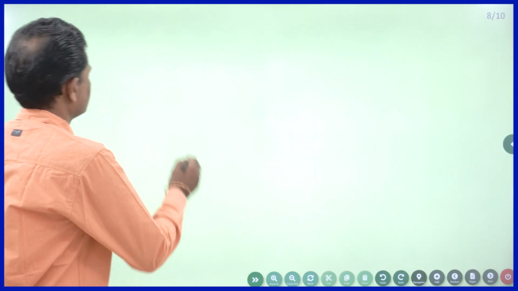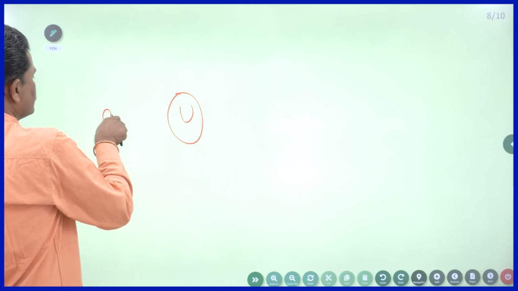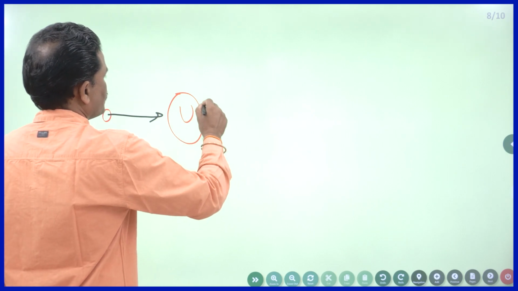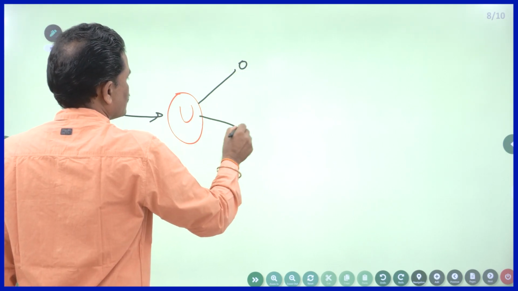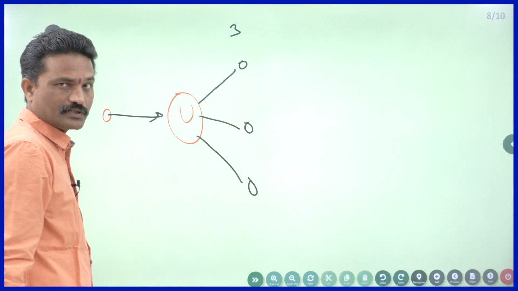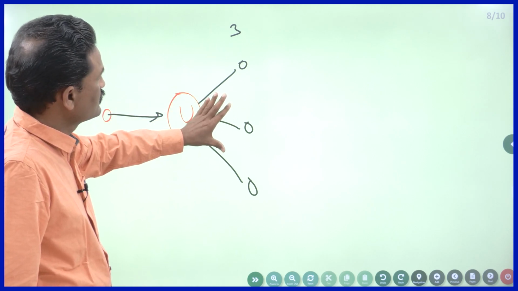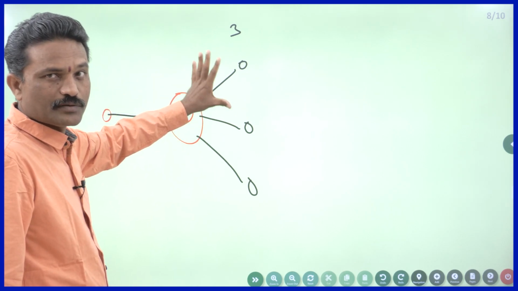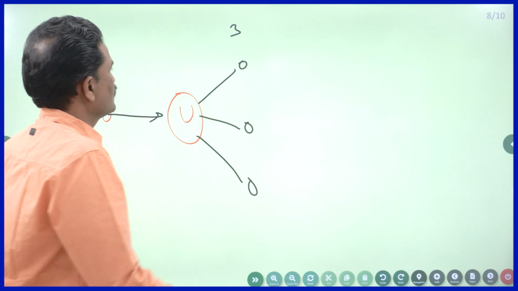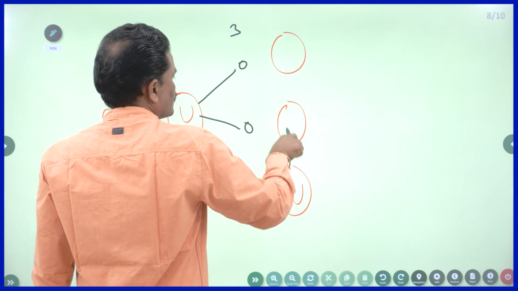So I will show you. This is uranium. It's bombarded with a neutron. This is the neutron. Then it gives barium and krypton. It also gives, let us say, 3 neutrons. If these 3 neutrons are also thermal neutrons, if their speeds are very, very less, they once again bombard 3 more uranium nuclei.